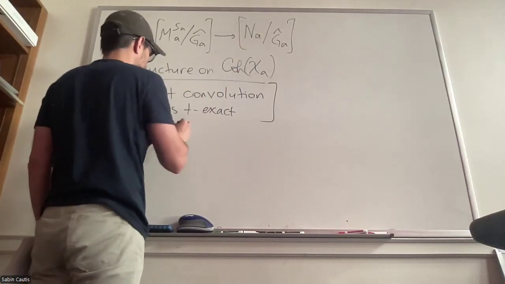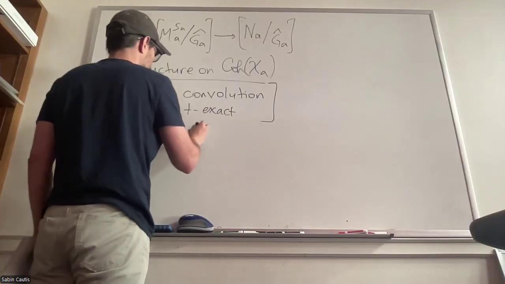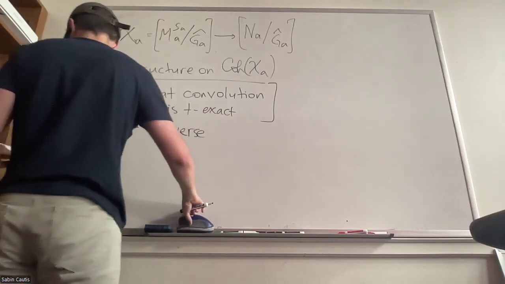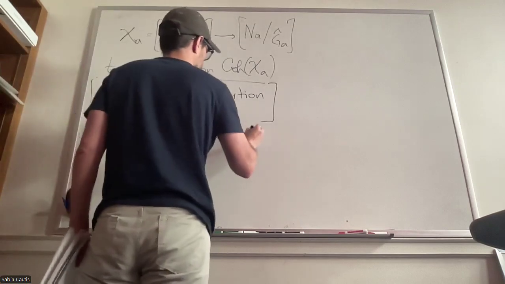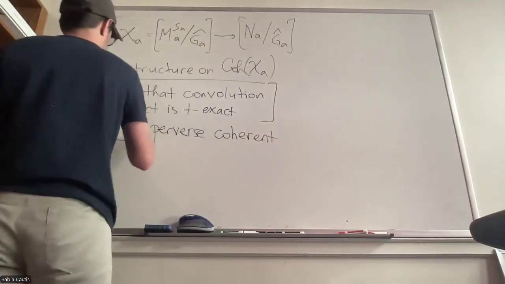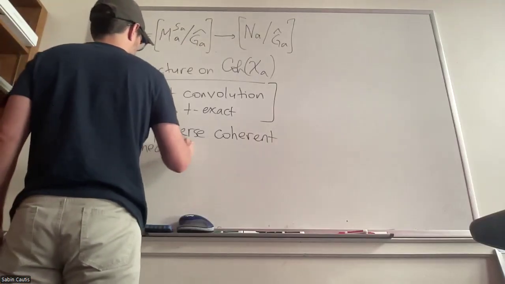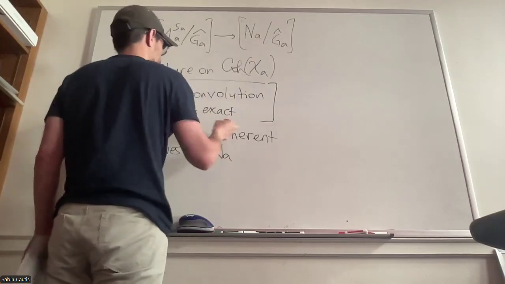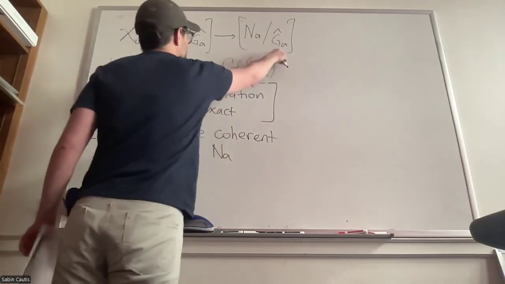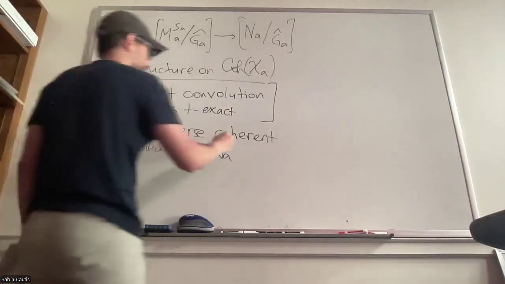So step one is to start with perverse coherent sheaves on NA, GA covariant perverse sheaves on here. So I guess I can write this.